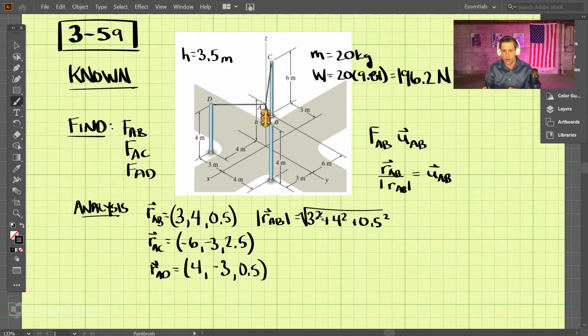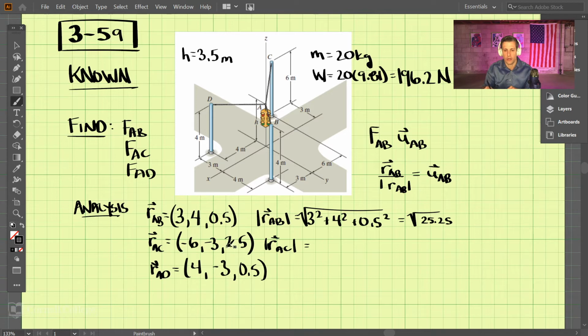So that's the square root of 9 plus 16, that's 25, 25.25, I think that is. So that's the square root of 25.25.